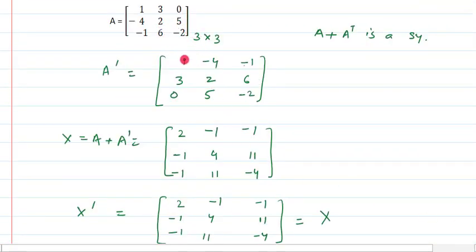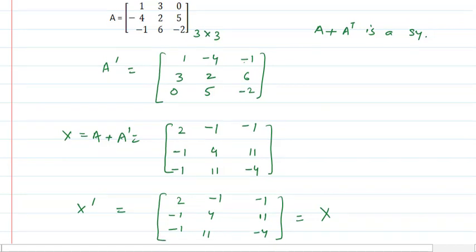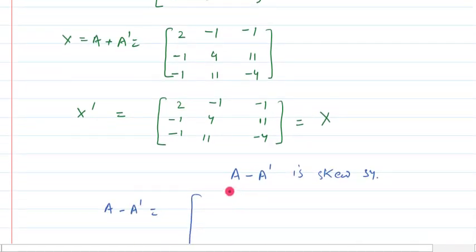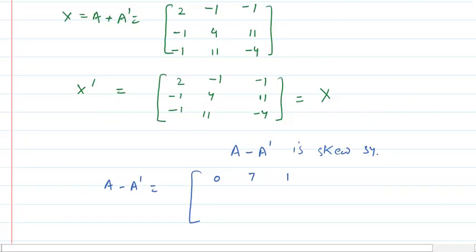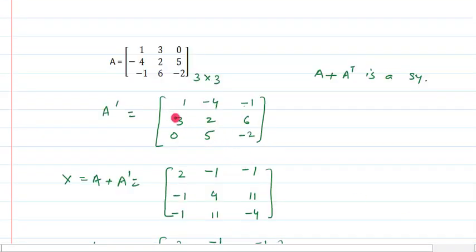So A minus A transpose: we are getting 1 minus 1 is 0, 3 minus of minus 4 is 7, 0 minus of minus 1 is plus 1. So we are getting 0, 7 and 1 as the first row. Let us find out the second row. It is minus 7, 0 and minus 1.